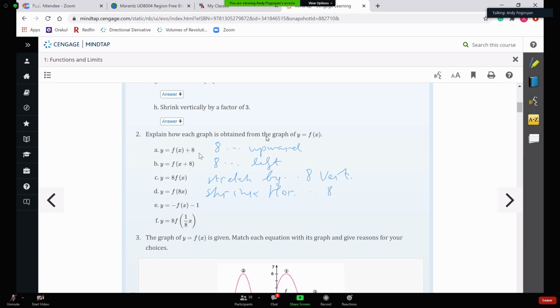So first reflect in the x-axis, right? Y becomes negative y, and shift 1 unit downward.